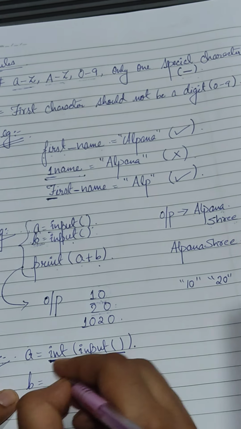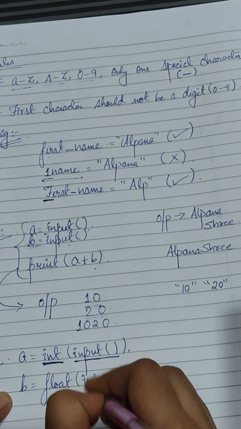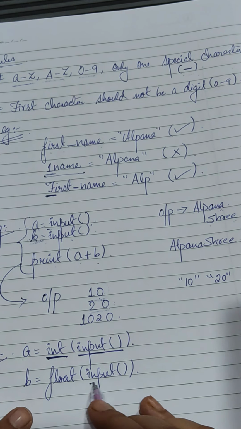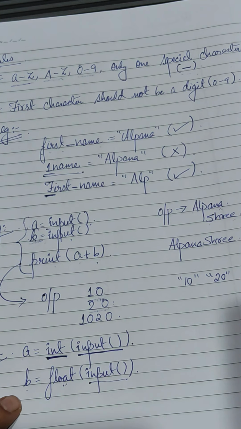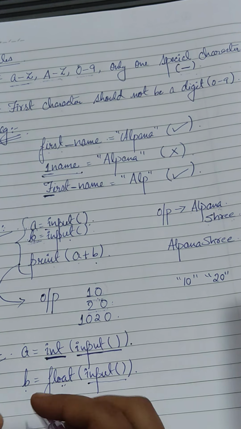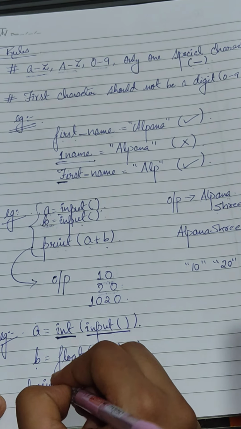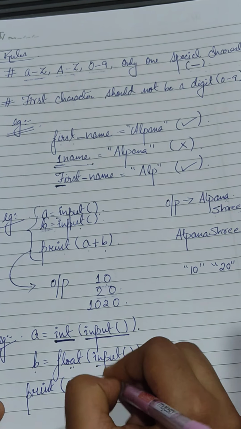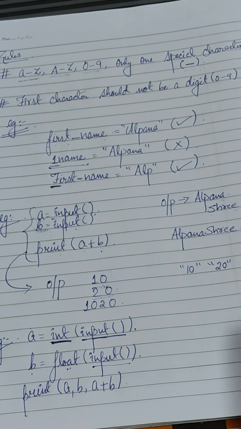In the same way I can take a float value as well: float of input, where we take a string value, convert it into a float value, and store it in variable b. Now I am printing a comma b comma a plus b.